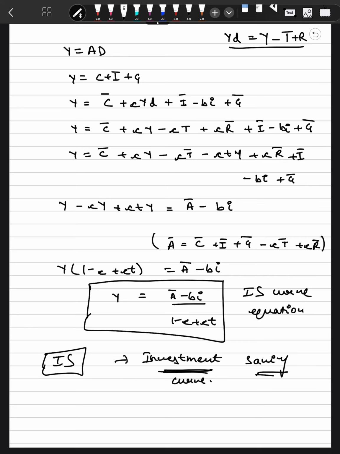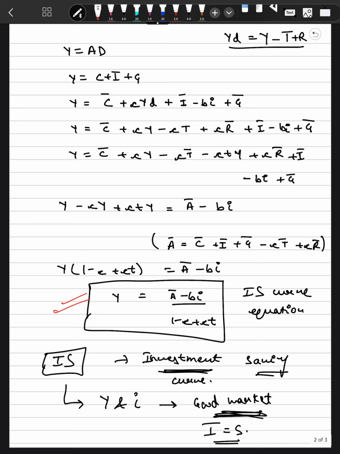Remember, this is an identity that at the equilibrium level, investment will always be equal to savings. So this IS curve represents various combinations of income and interest rate in which goods markets are in equilibrium. Goods market is in equilibrium, and when the goods market is in equilibrium, I will always be equal to S. So we have derived this IS curve equation.